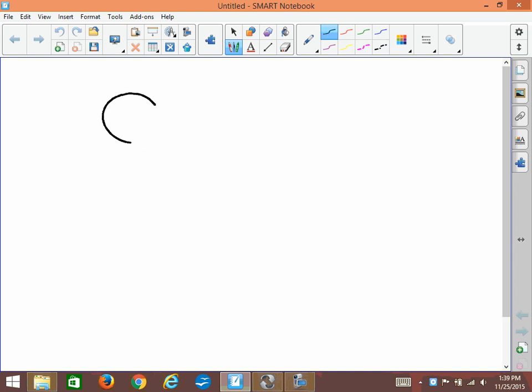So let's take an object here and an object here, and let's say that this object has some positive protons in it, and so does this object. But this object is going to have lots of protons and maybe only one or two electrons. So it has a positive charge.